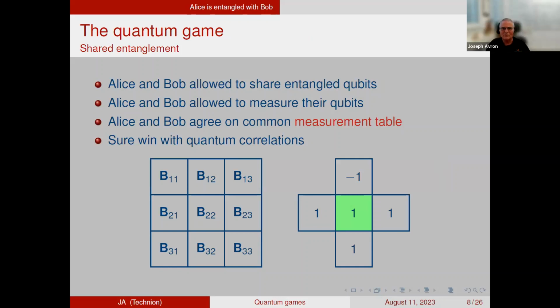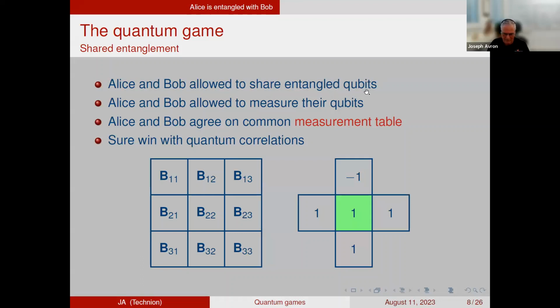And the quantum version of the game is going to be such that if you allow Alice and Bob to use entangled quantum states, then they can win the game always with probability 1. So in every round, they will beat the casino. And so how is the quantum game different from the classical game?